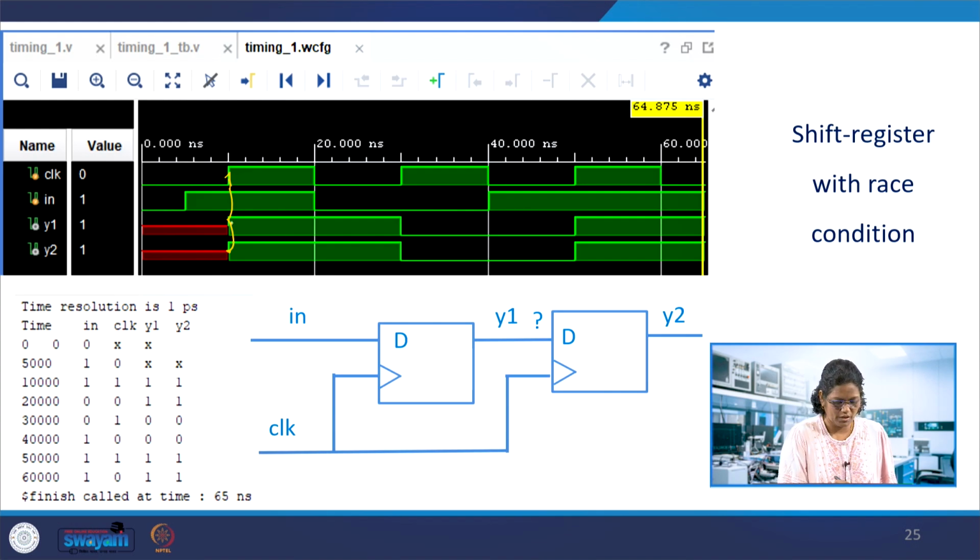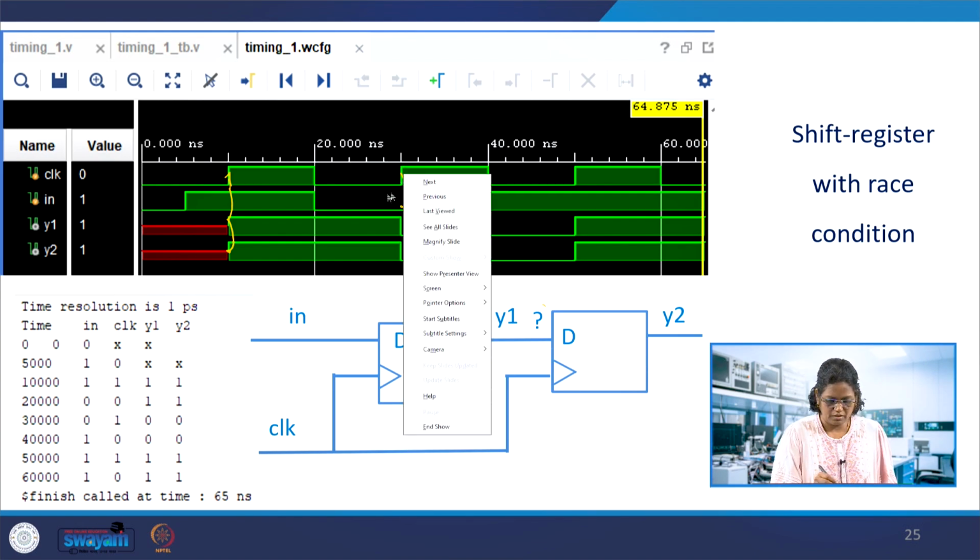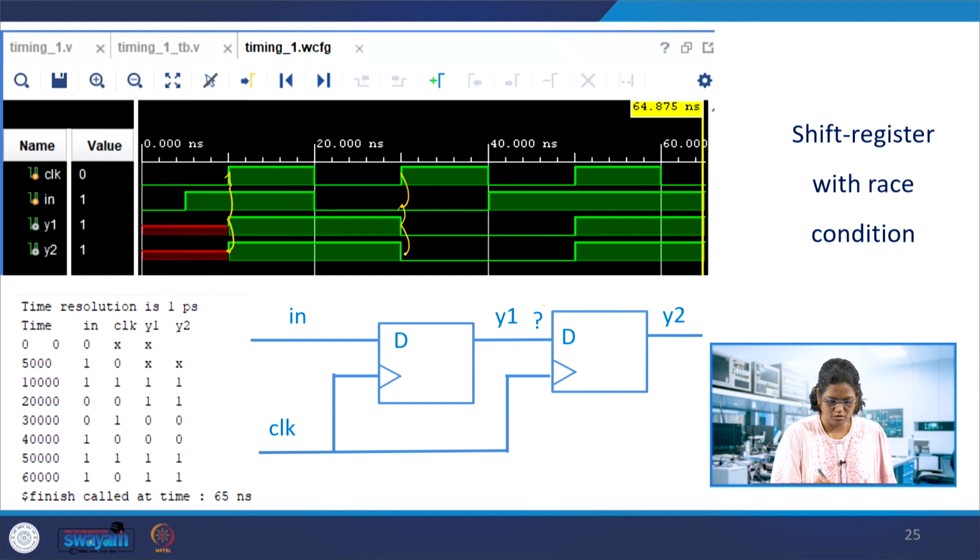So y1 and y2 getting the same output is not the model of this. After y1, y2 will be getting it, this will be a parallel flip-flop. So over here it is assigned, and then this will also get the same output.